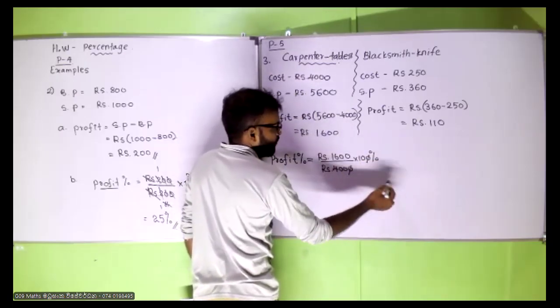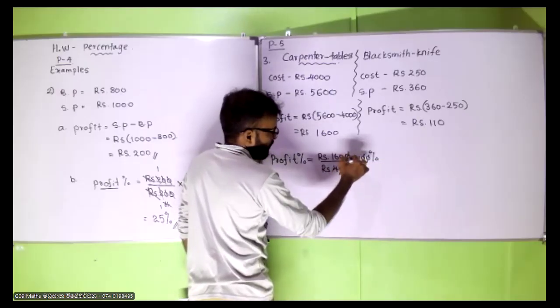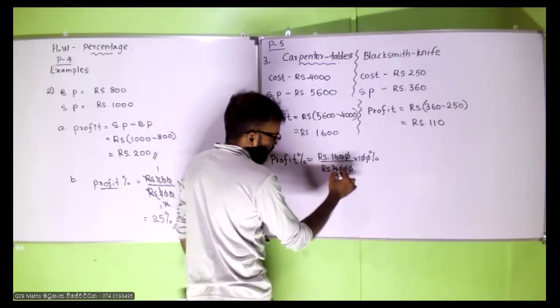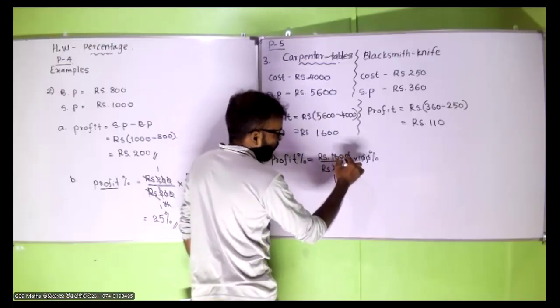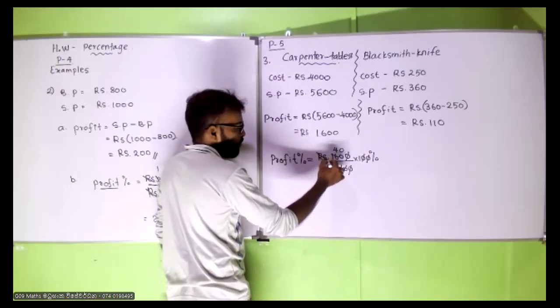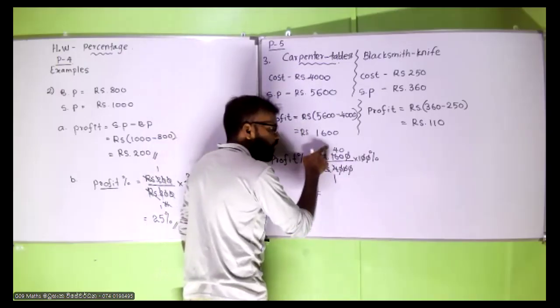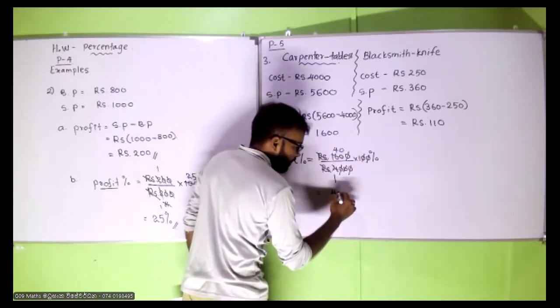Cancelling the zeros, 4 times 1, 4 times 40. So the profit percentage for the carpenter is 40%.